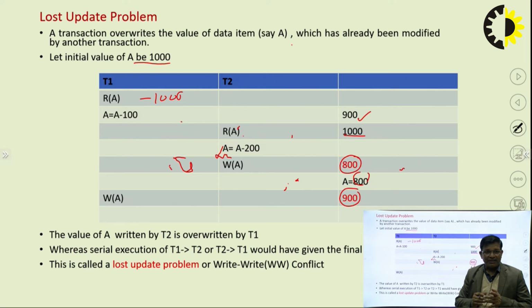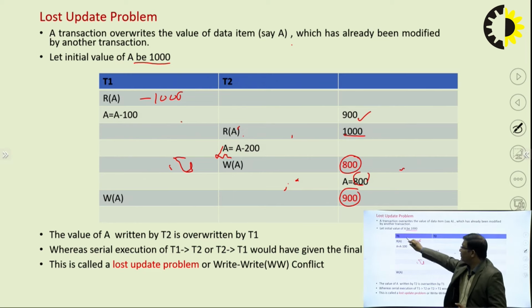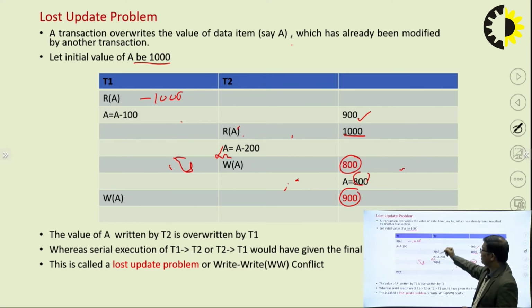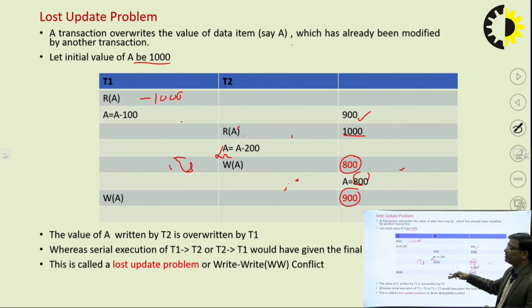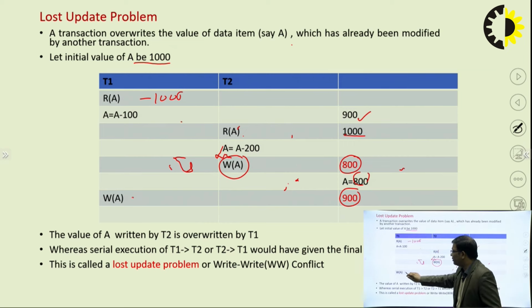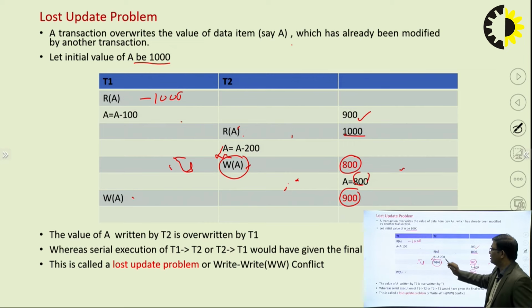The value written by T2 has been overwritten by the transaction T1. So this is called lost update. We updated the value in T2, but it is lost because the other write operation overwrites it. So this is called overwrite.